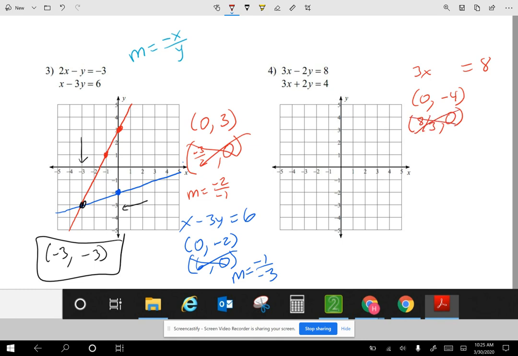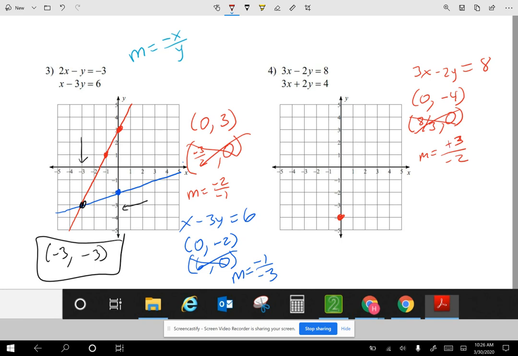Now this point I cannot graph. So I will have to use my slope. I'm going to have negative 3 over negative 2. So I have the point 0, negative 4. Now this one says go down 3 and then 2 to the left. Unfortunately, I cannot go down 3. So when my slope takes me out of my graph, I'm going to switch the signs.